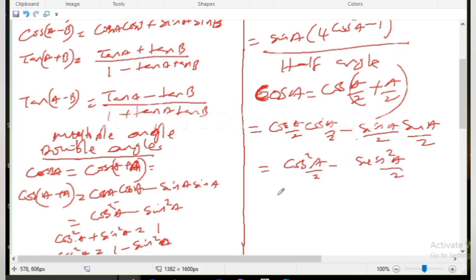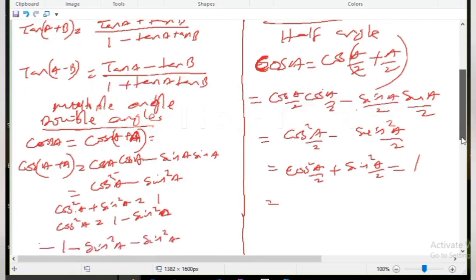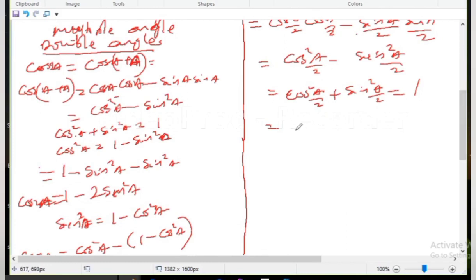So you can substitute also from our trigonometry identity. This one is going to be cos squared A over 2 plus sine squared A over 2 equal to 1. So you can make any of them the subject of formula, like cos squared A over 2 equal to 1 minus sine squared A over 2.